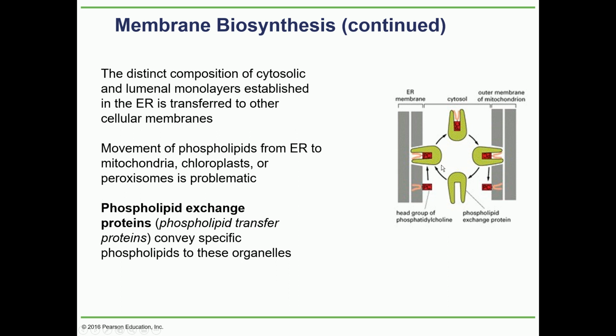You can see here, this is a phospholipid in the ER membrane. With the help of this protein, they can be taken to the cytoplasm, and then from the cytoplasm, these phospholipids can be transported to the membrane of mitochondria or chloroplast.